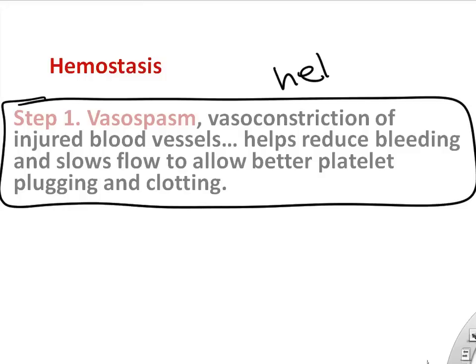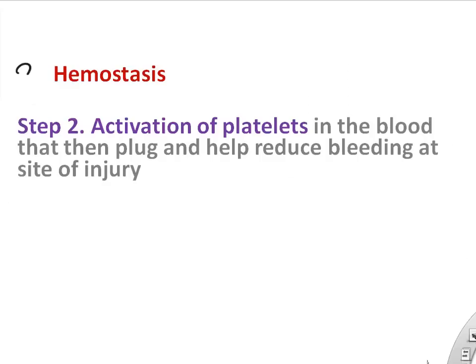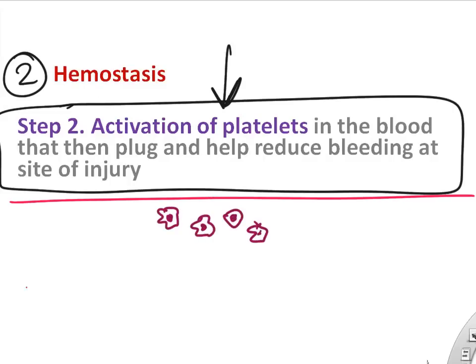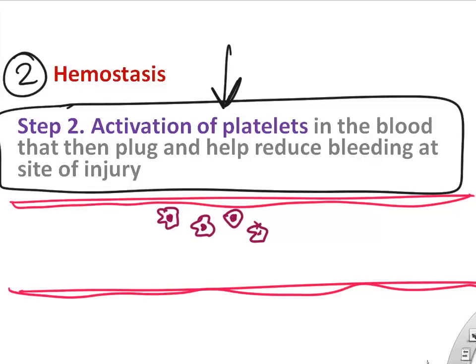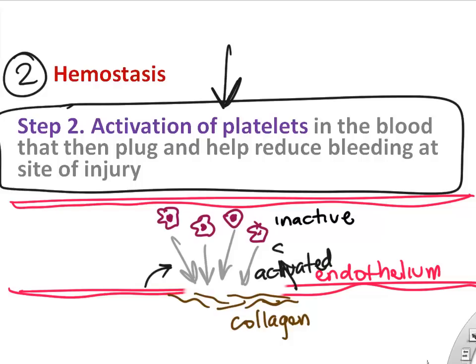So again, the first step to help slow down the blood flow will be vasospasm or vasoconstriction, which will help in the hemostasis process. A next and very important step is the activation of platelets. Platelets are normally inactive in our bloodstream, and when we have damage to our blood vessel wall, that endothelium gets damaged, the collagen and the basement membrane underneath are exposed to the blood, and this causes activation of the platelets.